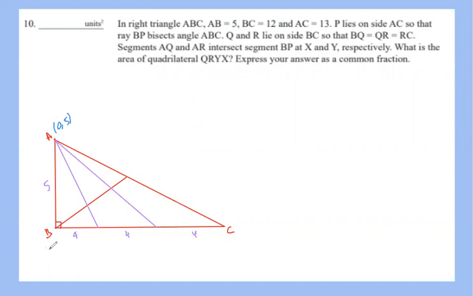If I take this as (0, 0), then this is going to be (4, 0), and this is going to be (8, 0), right? If you are familiar with the shoelace formula, I just like to know these 4 points. If I know those 4 points, then I can find the area of this region, which is what I'm going to try. We already know these 2 points, which is nice, and I just need to know these 2 guys.